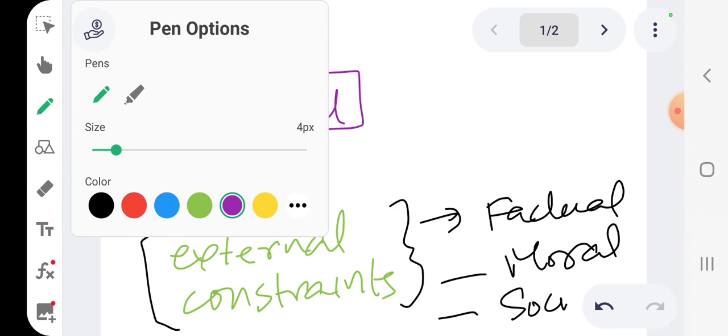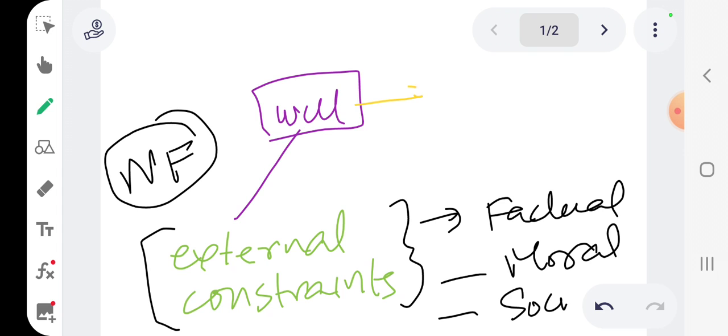And then creating a society in which this will is able to fulfill its plans. So it has resources for that, no outside constraint.